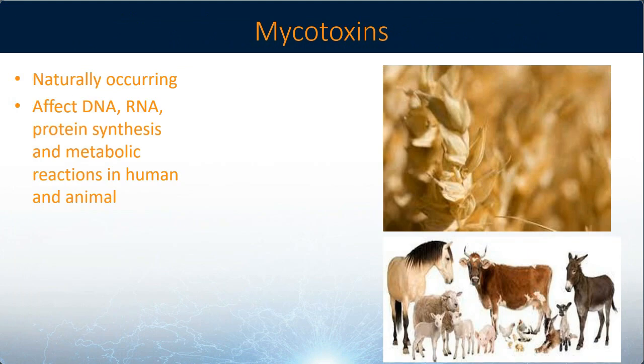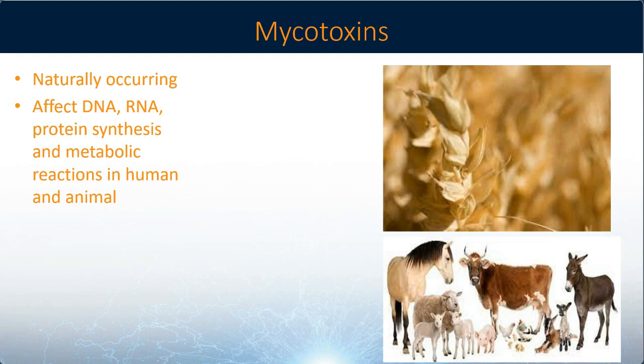Okay, so now we're going to talk about mycotoxins. And mycotoxins are naturally occurring toxic secondary metabolites produced by fungi and have been linked to numerous toxic maladies in both humans and animals. What's interesting about mycotoxins is that they do show up in animals, they do show up in humans. So in the US, 70% of the grain that is produced is used for animal feed.